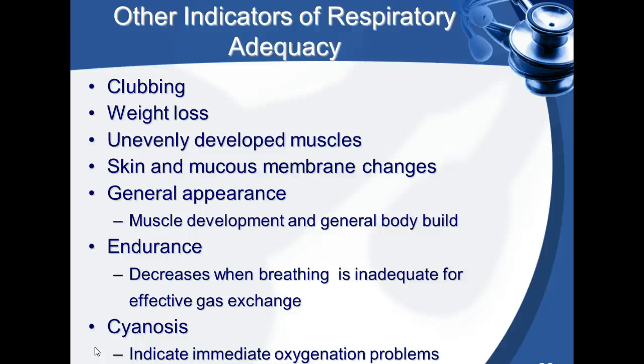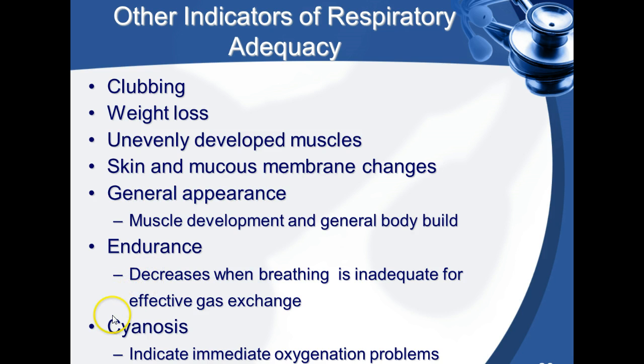They tend to be really emaciated, or they may be heavy, so it's usually one or the other. Endurance decreases when breathing is inadequate for effective gas exchange, meaning a person is not going to be able to sustain a lot of activity.